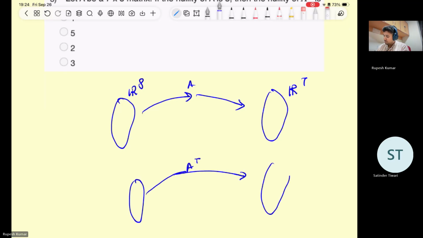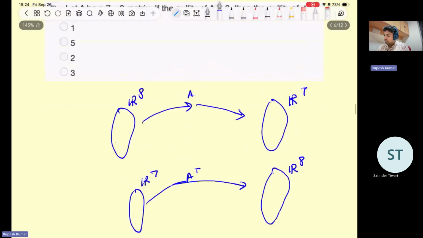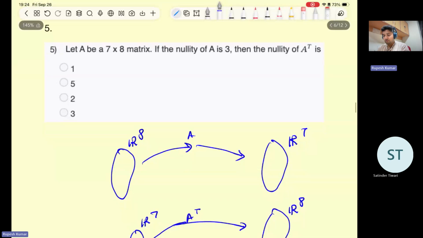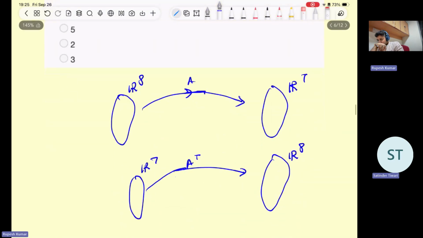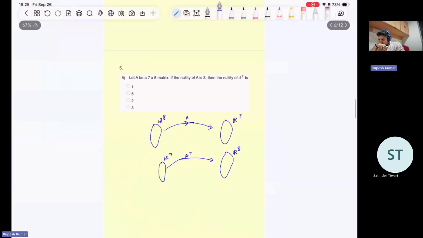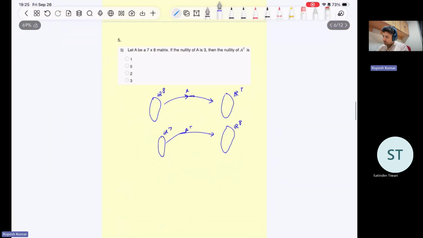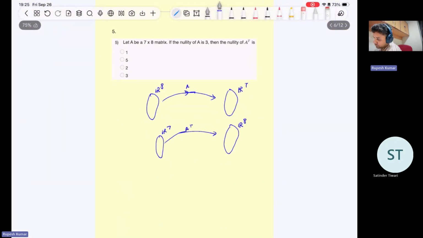It maps from R7 to R8. Then what is the rank of this matrix if it is a full rank matrix? Can you tell me? 7. Right. But the question is, the nullity of A is 3, then what is the nullity of A transpose?